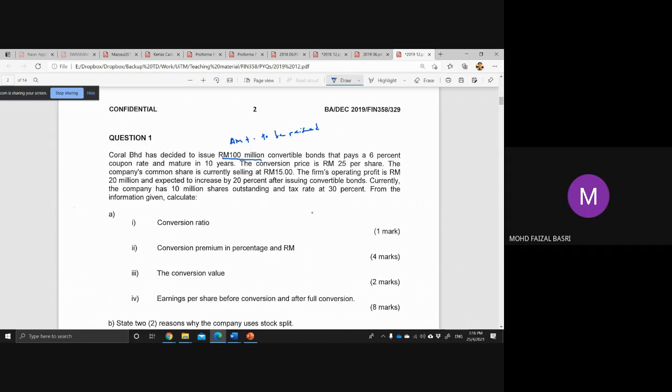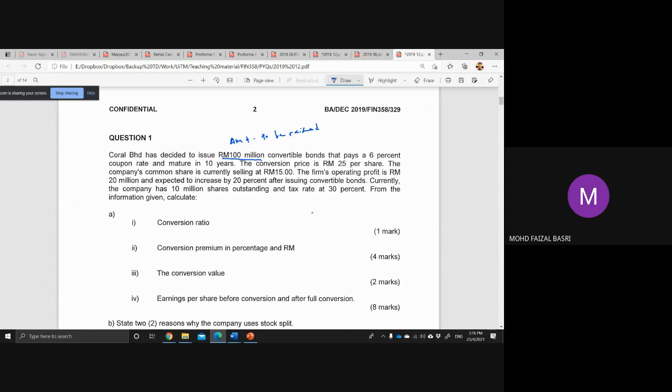They want to issue 100,000 convertible bond. So kalau nak cari amount dia, kita kena darab dengan 1,000 lah sebab par value of bond is still 1,000 ringgit kan. So kalau dia bagi in units, we have to multiply with 1,000 ringgit to get it in ringgit. Anyway, so this is amount to be raised, 100 million.